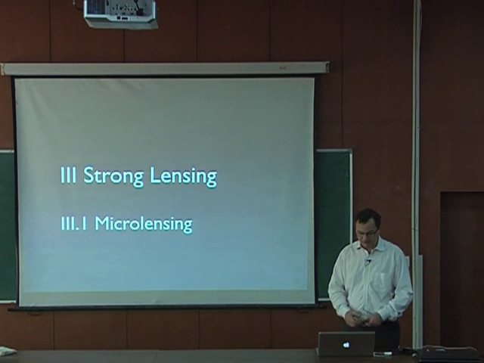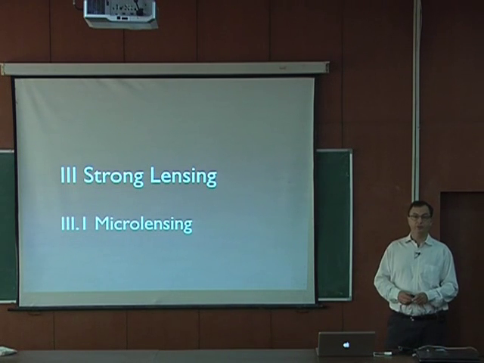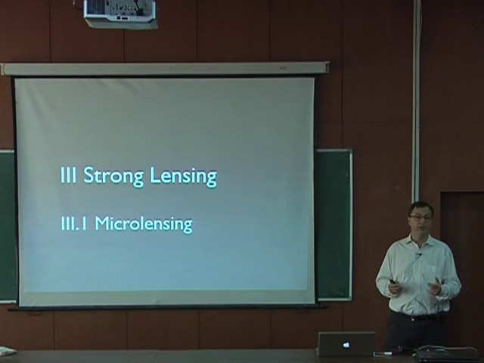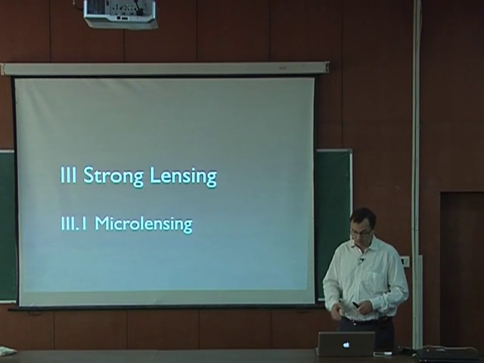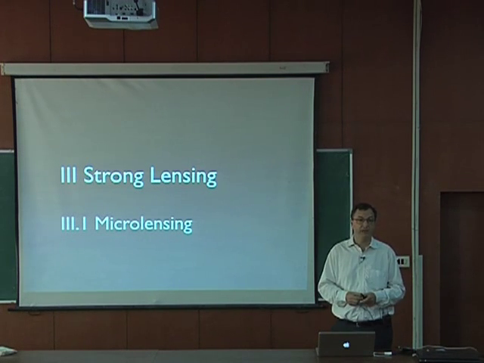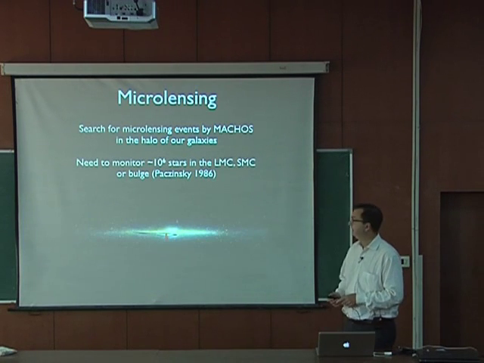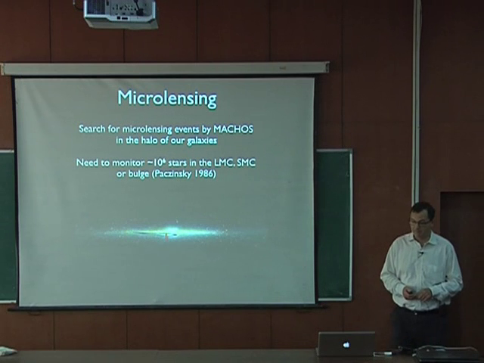So there are different applications of strong lensing, which they're sort of classified by the masses of the lens. So they can be used on various scales and various mass scales. The ones which are lensing by lenses of typical masses of stars or so is called microlensing. And microlensing has some very interesting applications.